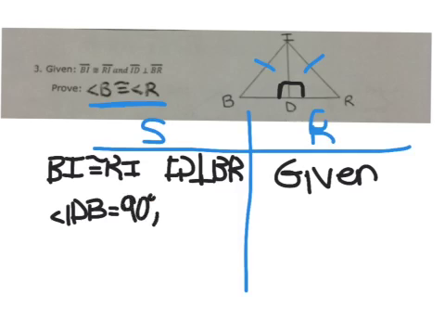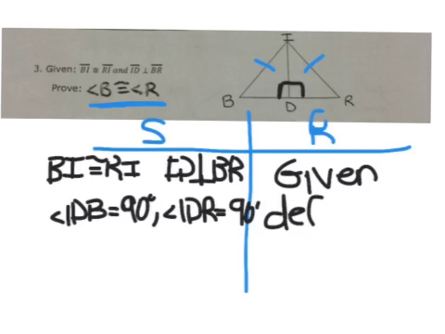And angle IDR also equals 90. It's on both sides. And the reason we know that is because of that word perpendicular. So we're going to say def of perpendicular.